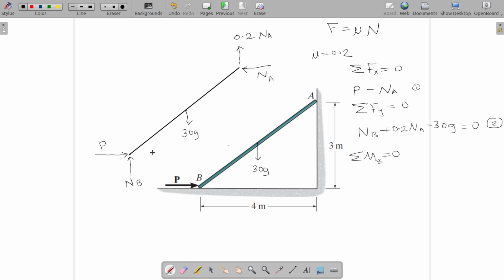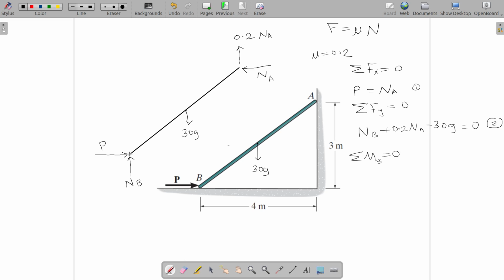Why did I choose B? You can choose any point, but I chose B because you have three unknowns here, Na, Nb and P. And B is the point through which two unknowns are passing, Nb and Na. So the perpendicular distance between line of action of Nb and this point B is 0.